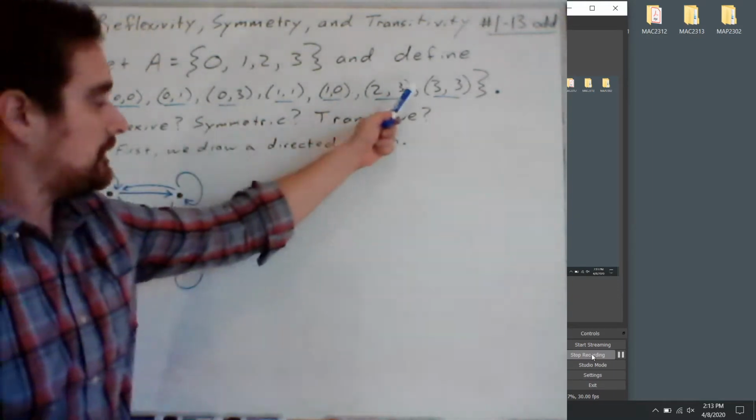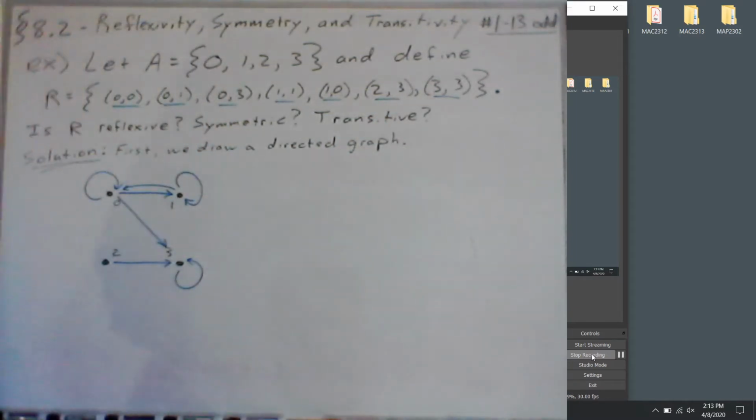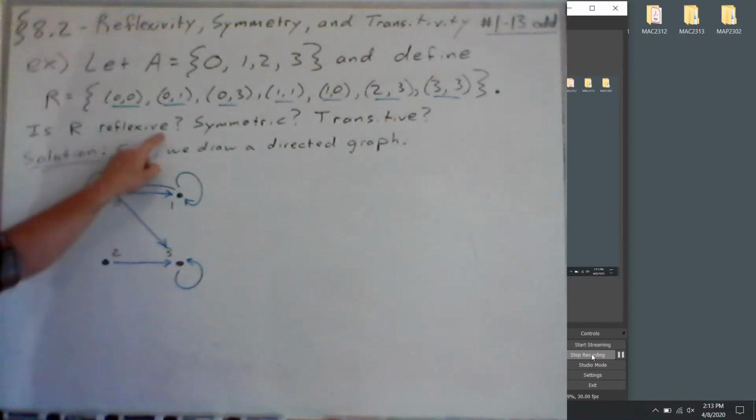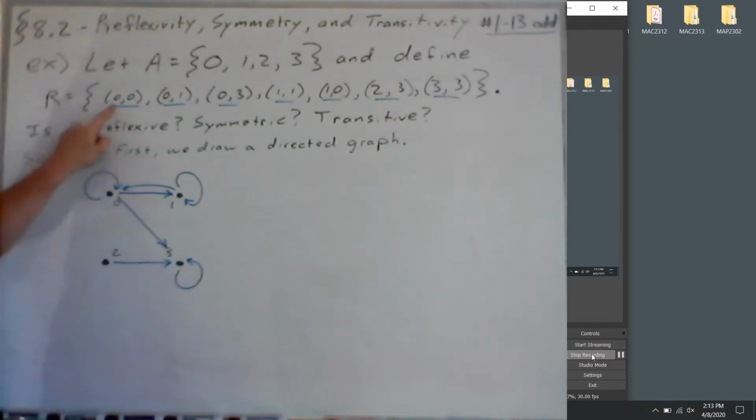These are the only elements in the relation, so I can't go drawing any more arrows that they don't give me. Our relation might look reflexive because I have 0, 0, but by definition of reflexive, we need to show that each element relates to itself.